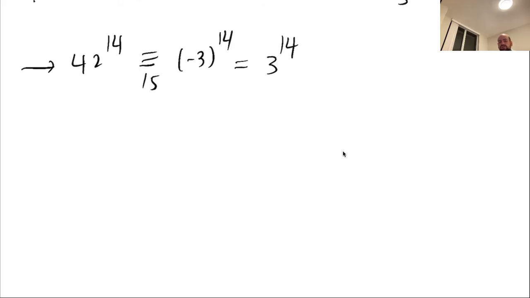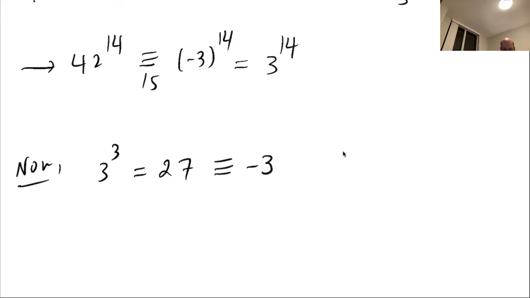So 3 to power 2 is 9. 3 to power 3 is 27. And 27 is congruent to minus 3 mod 15. My goal is to make the small numbers appear rather than big numbers.